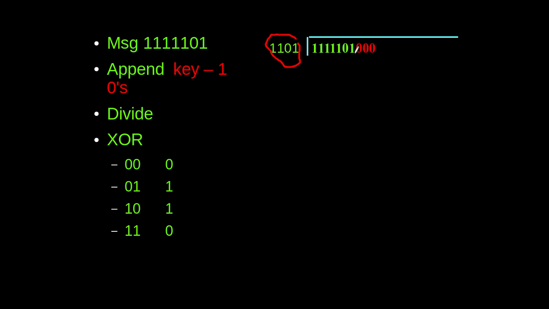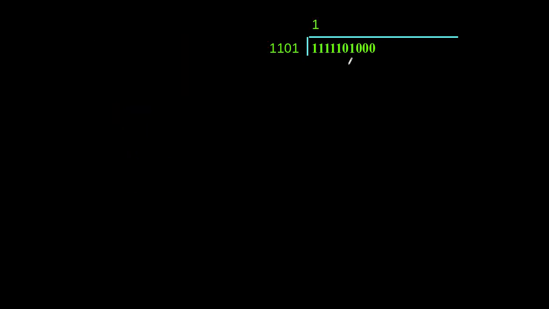So I added 3 zeros to my message, and this is the common key, or the shared key, between me and Alex. I go and divide it. I'm the sender. Still I haven't sent it. I just want to calculate the syndrome bits I'm going to add to this. I can't add only the 3 zeros, but those are what I'm going to calculate. So I'll do a long division.